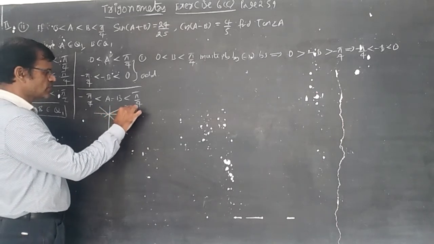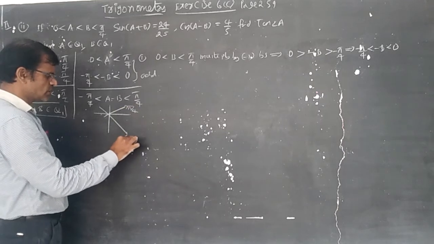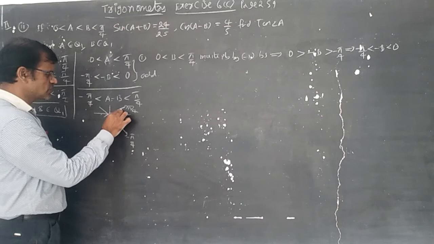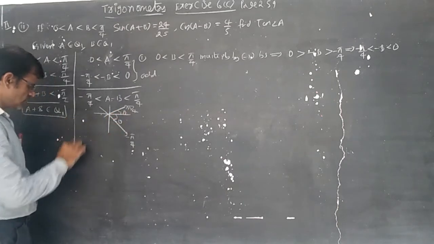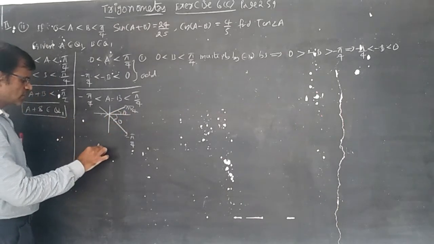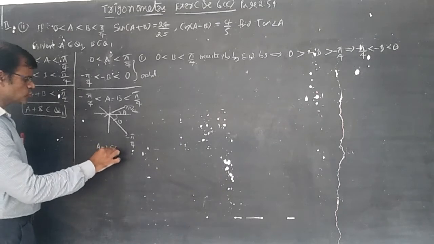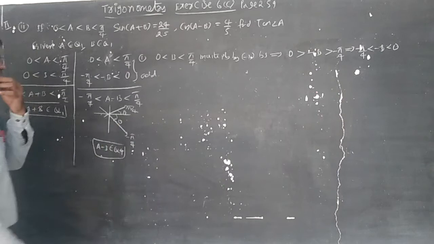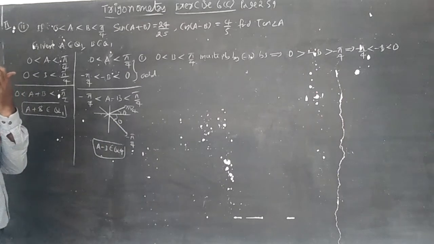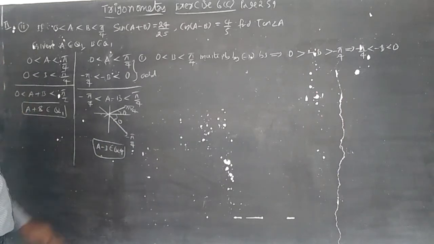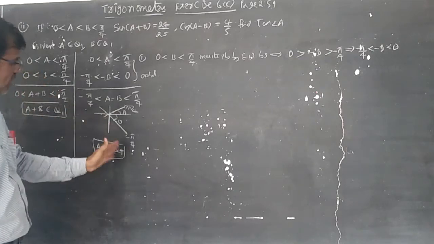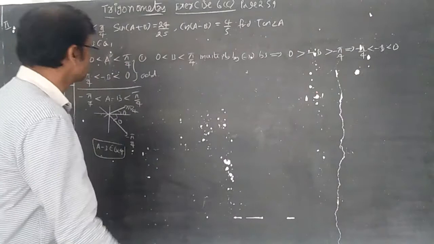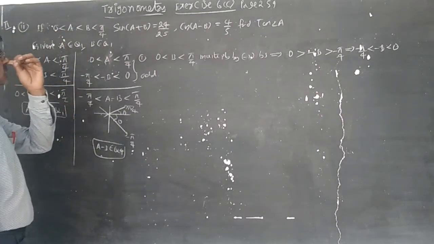This is 45, and this is minus 45 downside, because this is a negative angle minus theta and this is a positive angle theta. Therefore, A minus B belongs to Q4. There is a chance of Q1 also. Let us consider Q4 because cos of A minus B is given as 4 by 5, which is positive. So Q4 and Q1 are both possible.